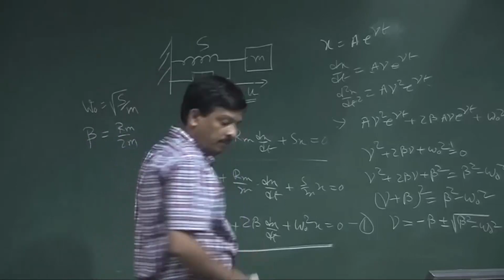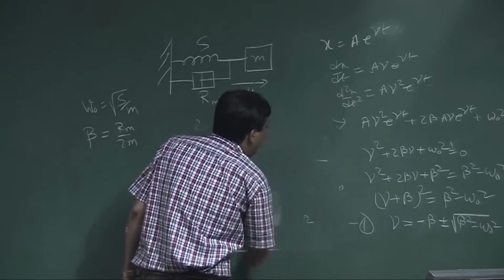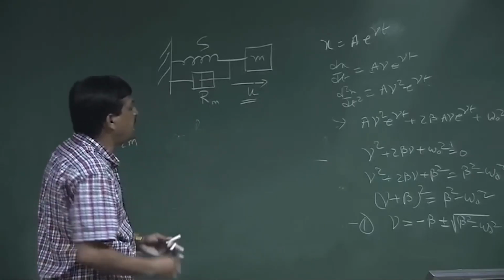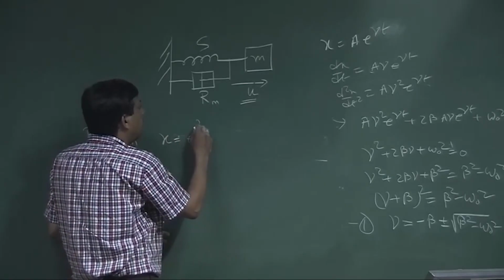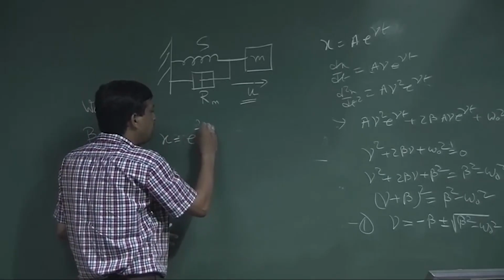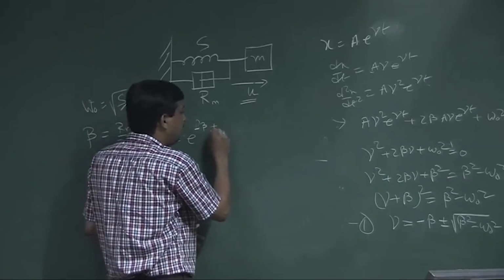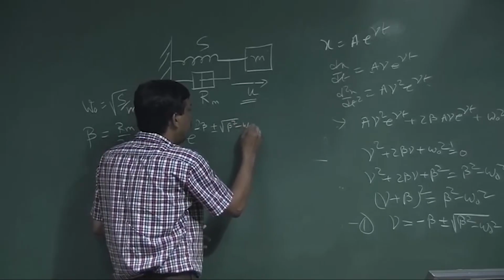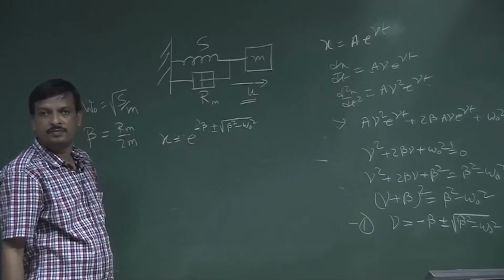So, I can see gamma is in the form of minus beta plus or minus root of beta square minus omega 0 square. So, x is e to the power of minus beta plus or minus root of beta square minus omega 0 square, into t.